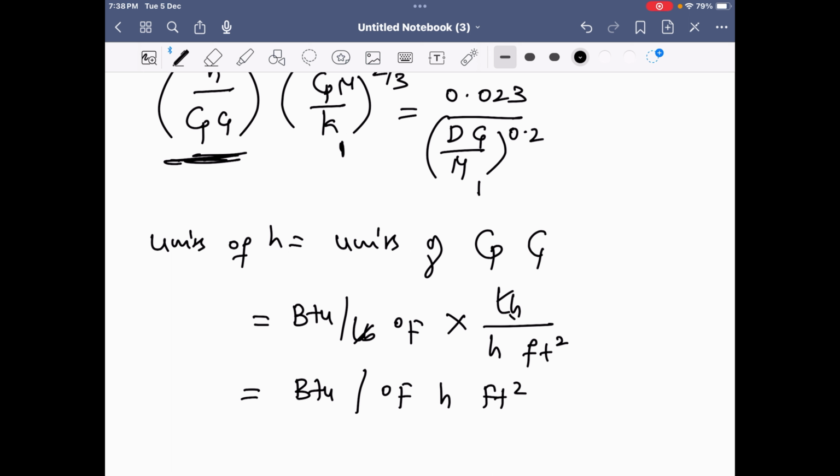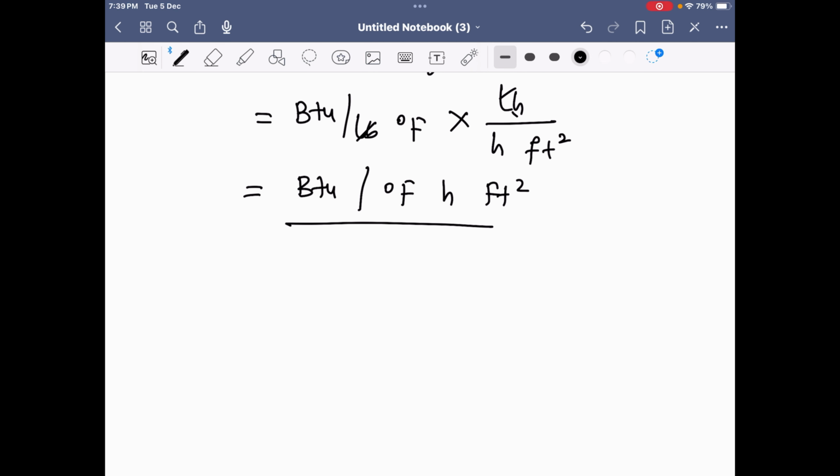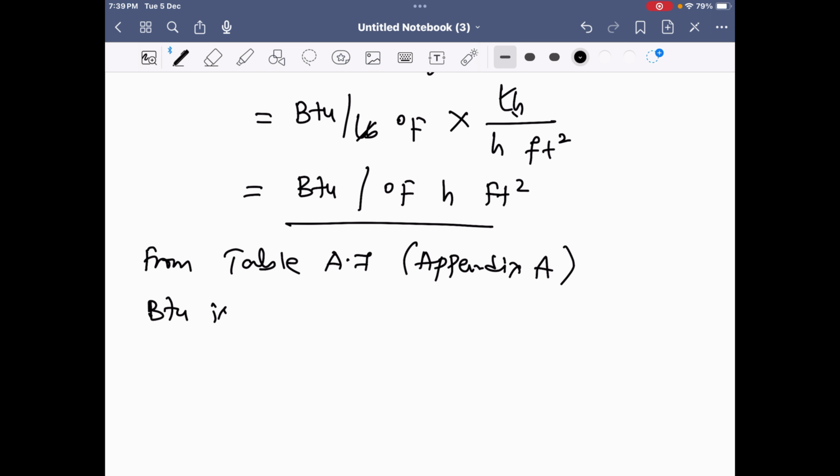So let us understand what is the dimension of this, and we got the units. So basically what are the units and dimensions of the heat transfer coefficient H. So now we got the units. So let us write the dimension of this particular term. Now we can just easily deduce the dimensions from table A7, again in appendix A. So BTU is a unit of energy.